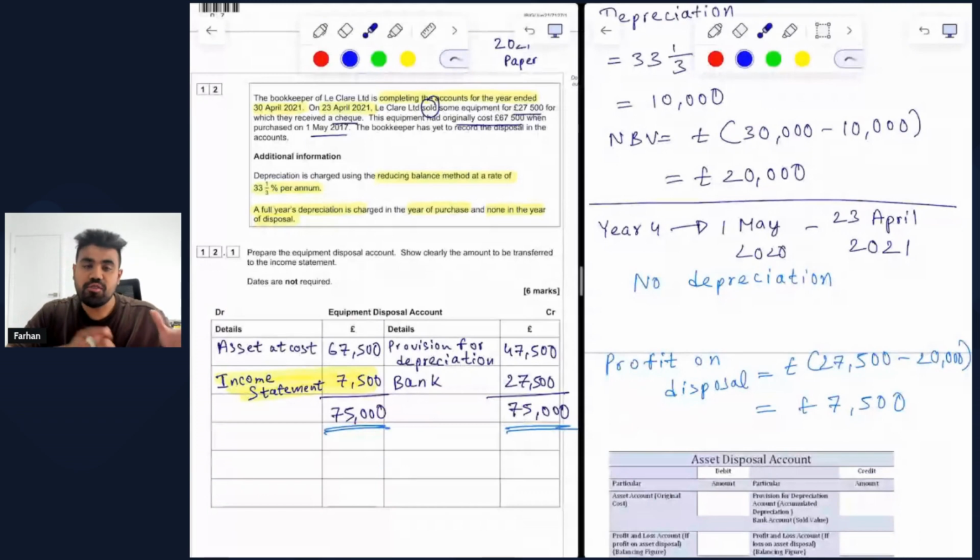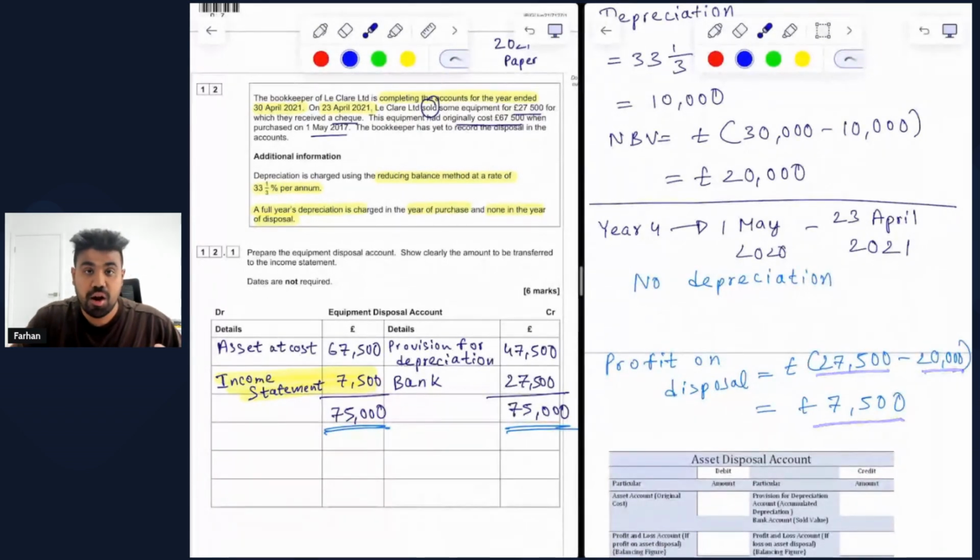So if we had sold the asset for £27,500 when the net book value was £20,000, this means that we had sold this asset at a profit, and the profit is calculated by subtracting the £20,000 in net book value from the disposal proceeds of £27,500, which results in a profit on disposal of £7,500.